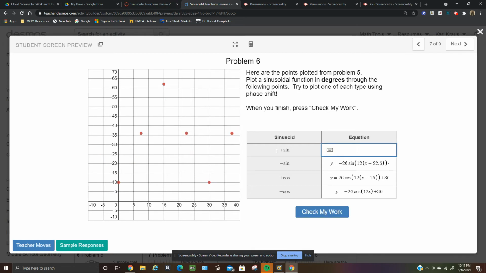And then positive sine would start right here, 7.5.